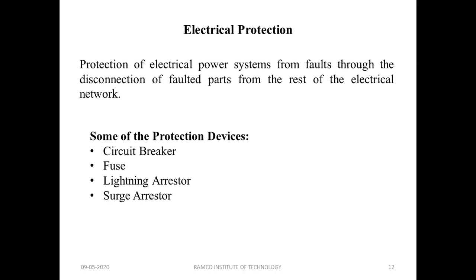Similarly, surge arrestor: there may be a surge due to capacitor bank switching, inductive load switching, and many other surges may happen. So we must have some protection system to protect your load against surge, right? So this is the general introduction about electric protection.